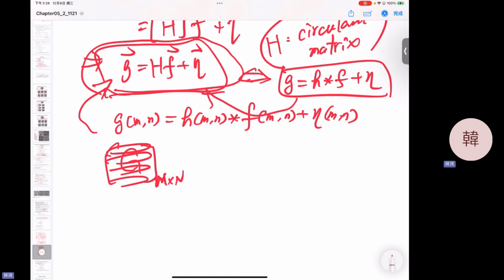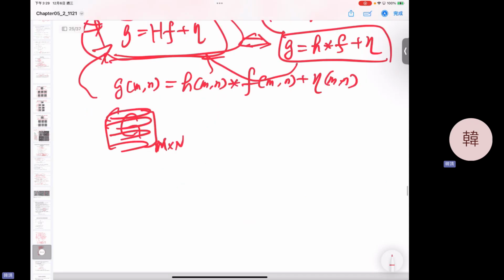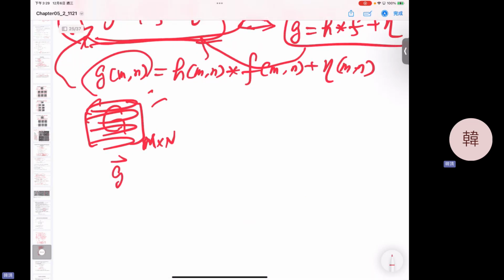The easy way is to do a row-wise transpose. So the G matrix becomes the G vector: we just take every row, transpose it, and stack them into a vector. So it becomes like this. It's also a vector, and the corresponding positions are the same.